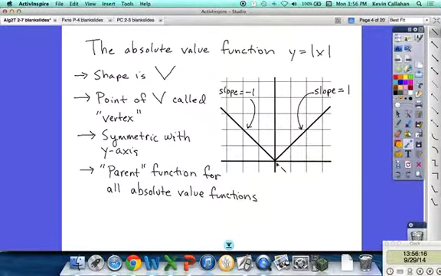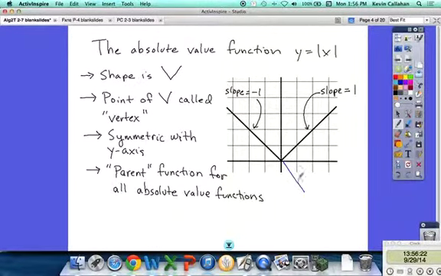The point of the V right here is called the vertex. Right? That is the vertex. The graph of an absolute value function is symmetric with respect to a vertical line that's going right through the vertex. So if I draw, usually we draw it in as a dashed line, something like this.